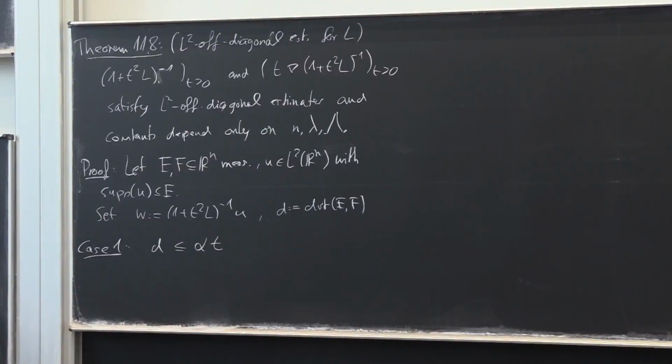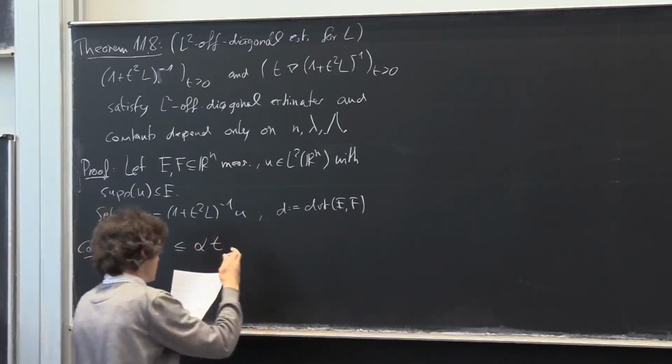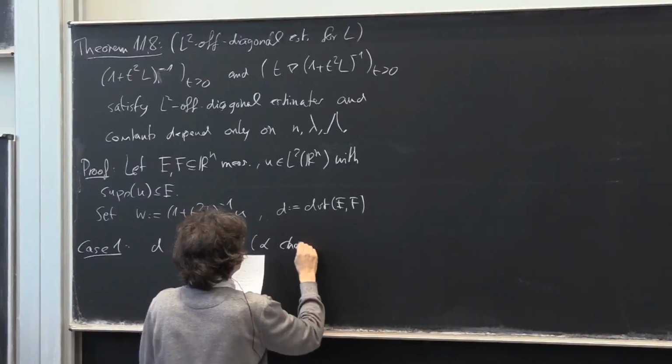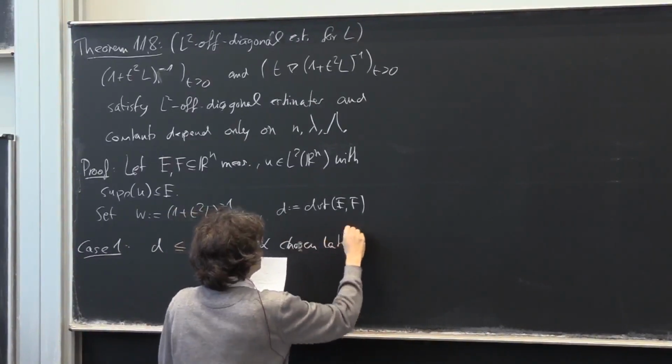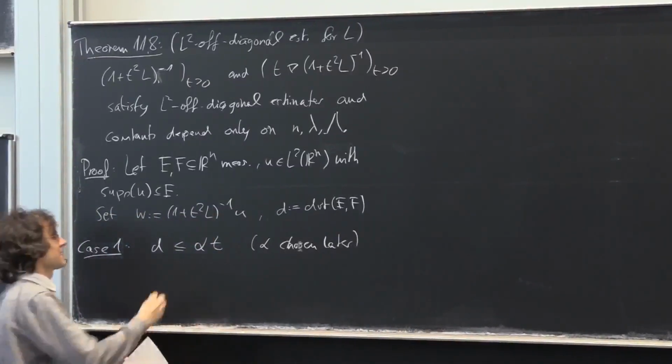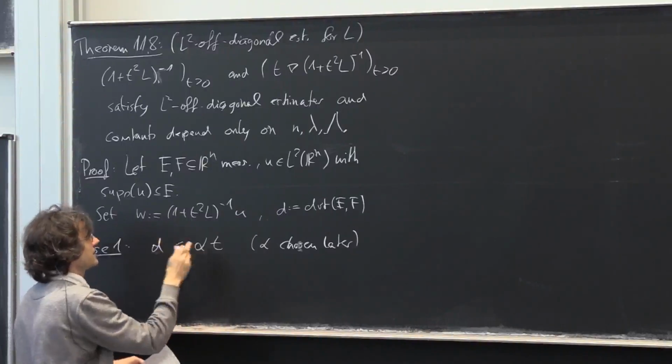So we cut the two cases in function of t by this coefficient, or this parameter alpha, to be chosen later. Okay, but this is again the case where the distance is small somehow.